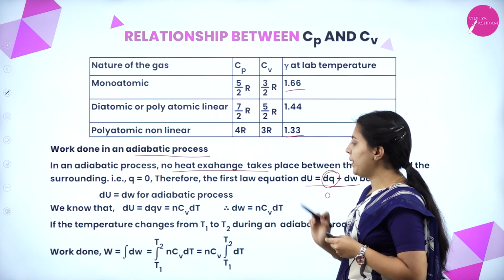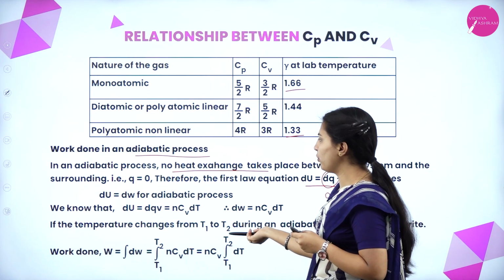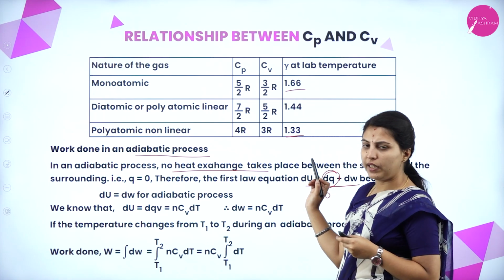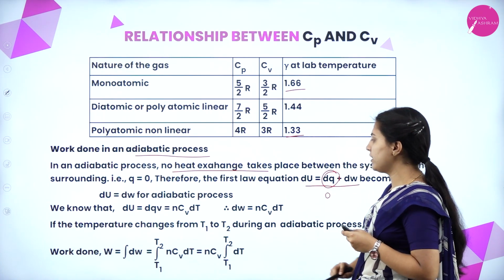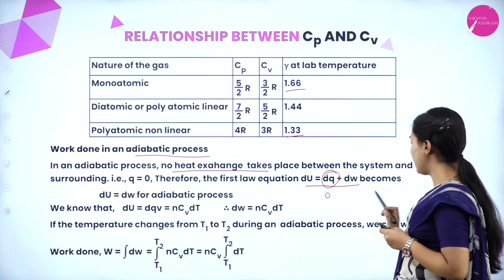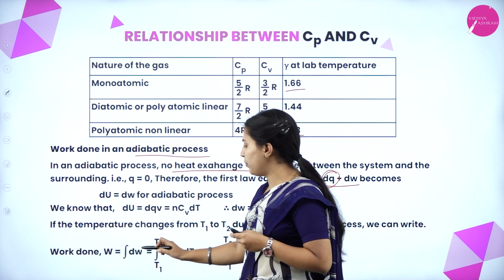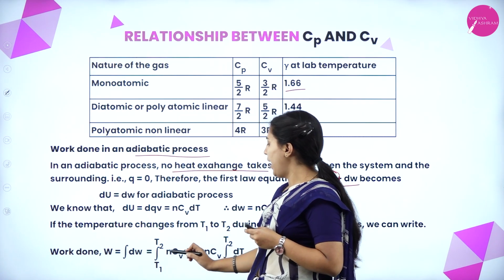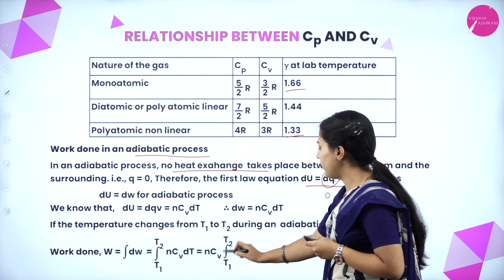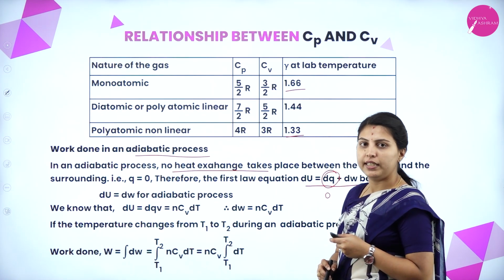If the temperature changes from T1 to T2 during an adiabatic process, we can write the integral of dw from T1 to T2 as nCv dT, equal to nCv integrated from T1 to T2.